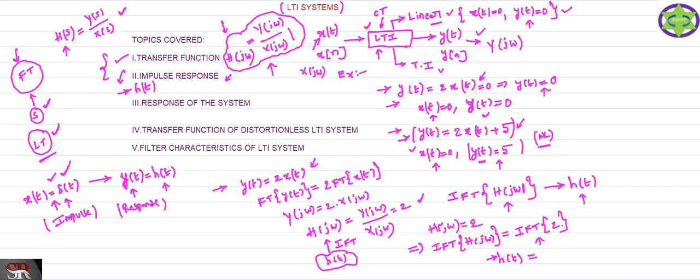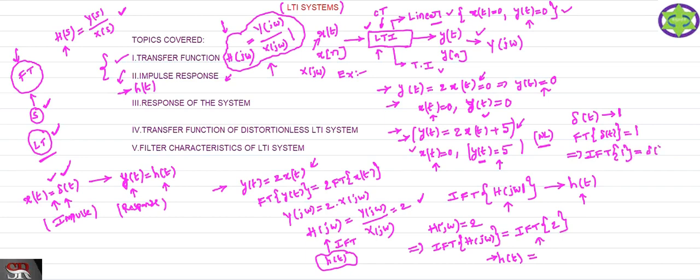So what is the inverse Fourier transform of 2? What is the Fourier transform of your impulse signal? It is 1. The Fourier transform of delta(t) is equal to 1. If we apply the inverse Fourier transform on both sides, what is the inverse Fourier transform of 1?